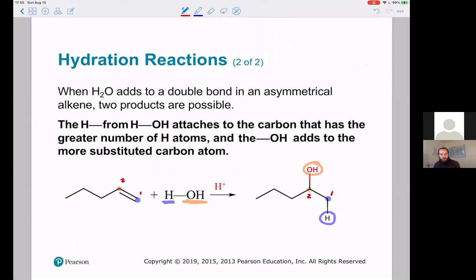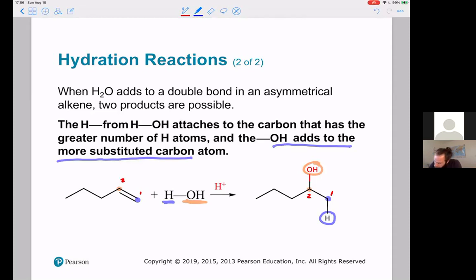So that's the rule of these hydration reactions, is that the OH group adds to the more highly substituted carbon. So by that I mean the carbon that has the most carbons bound to it. So carbon 2 is bound to 2 other carbons, whereas carbon 1 is only bound to 1 other carbon. So carbon 2 is what gets the OH group.